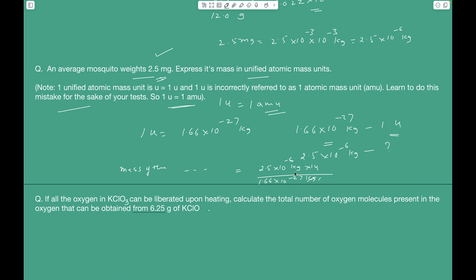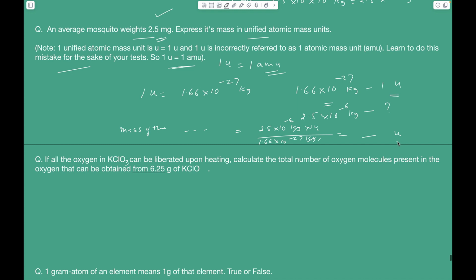So cancel these two and simplify the answer to get its mass in U. Remember, unified atomic mass unit is a unit of mass, just like kilogram is a unit of mass. But kilogram is an SI unit of mass, whereas U is a non-SI unit of mass.